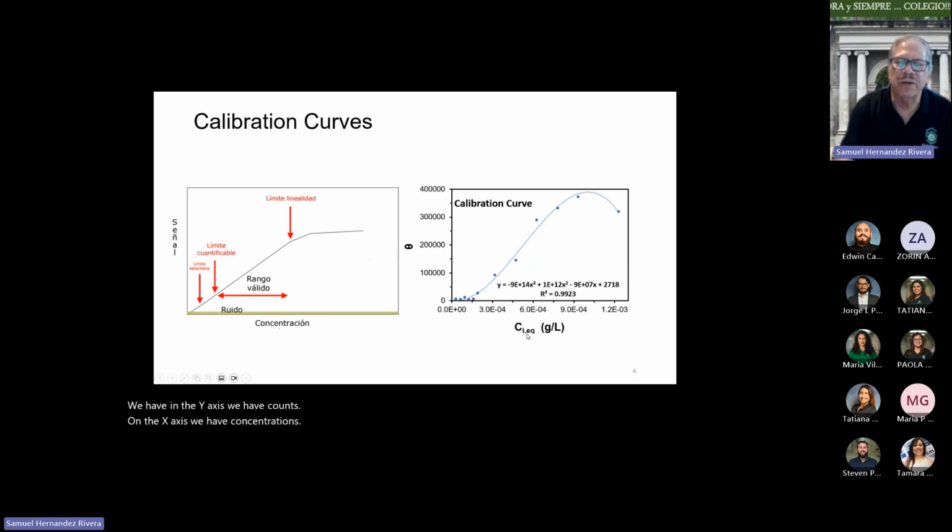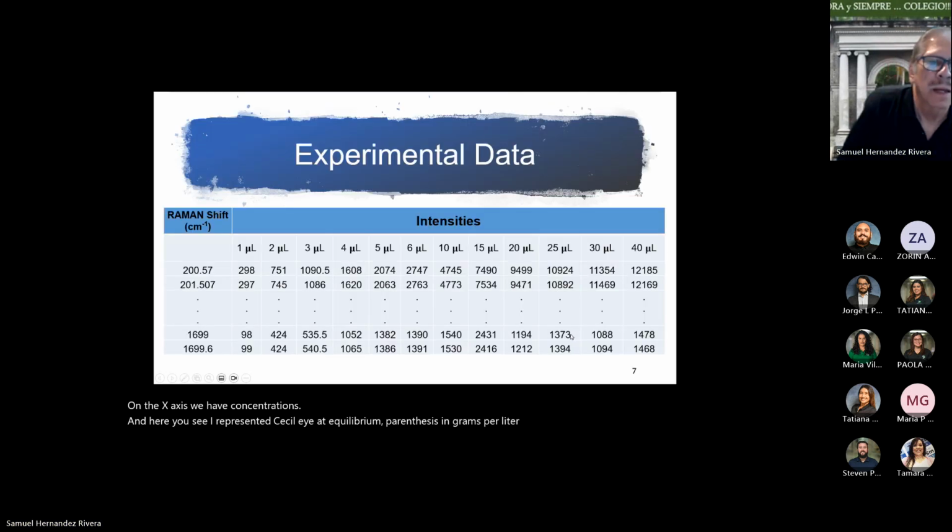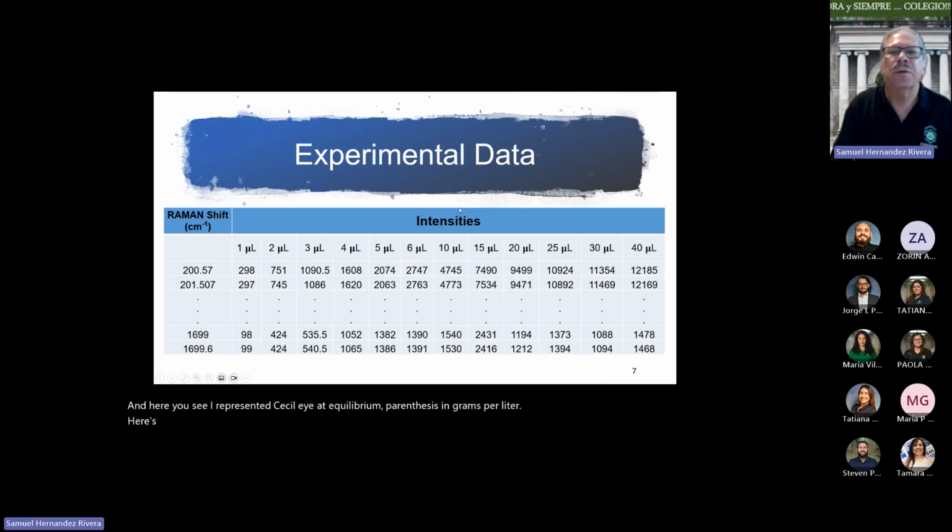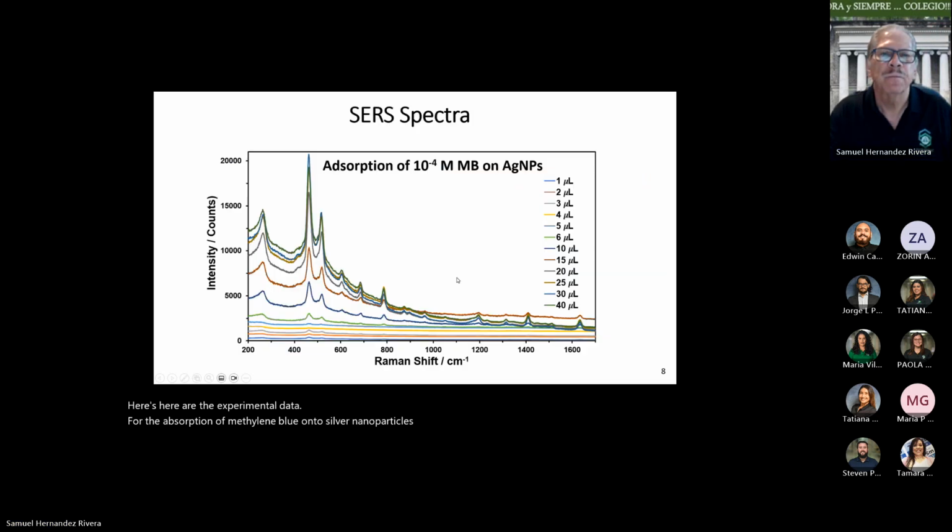And here, you see, I represented C sub I at equilibrium, in grams per liter. Here are the experimental data for the absorption of methylene blue onto silver nanoparticles.